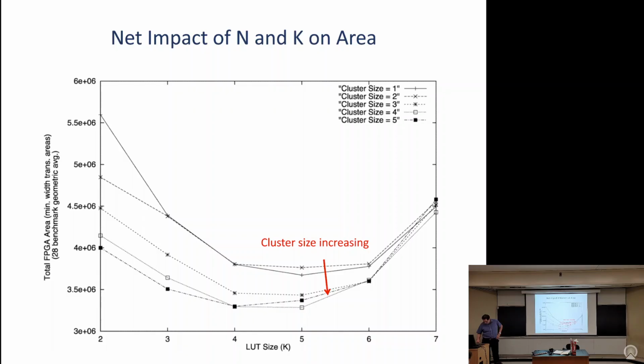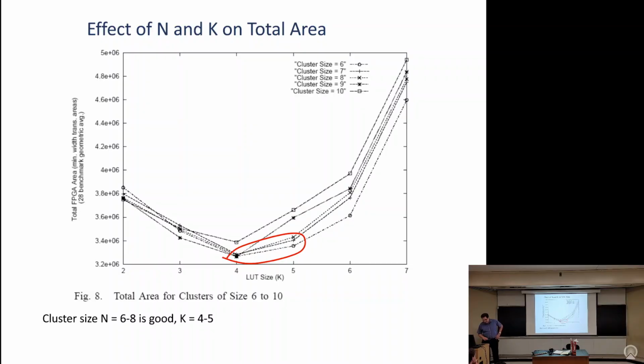And if we go into the larger logic clusters, so those were the smaller ones, from 1 to 5 LUTs, we go into the bigger ones, we get a broad minimum. The absolute best architectures are here at a LUT size of 4 and pretty big cluster sizes of somewhere around 7, 8, 9.